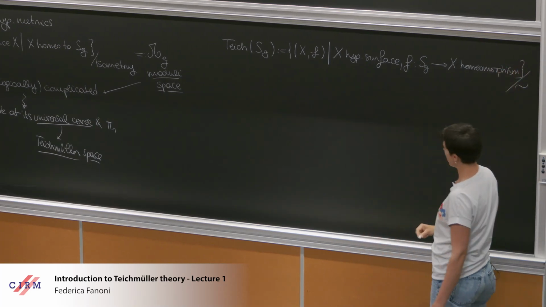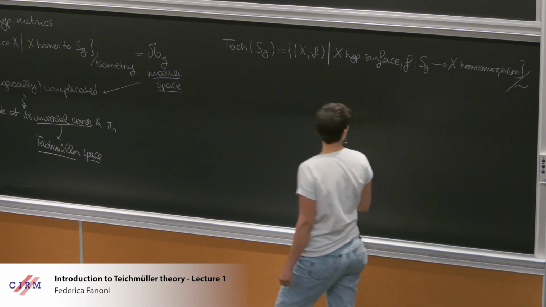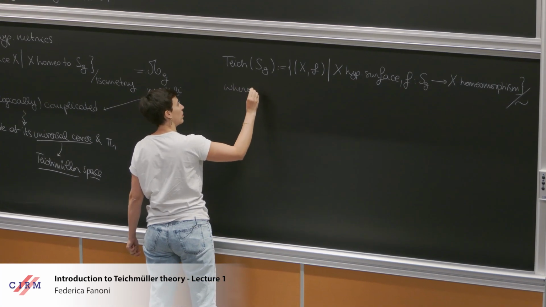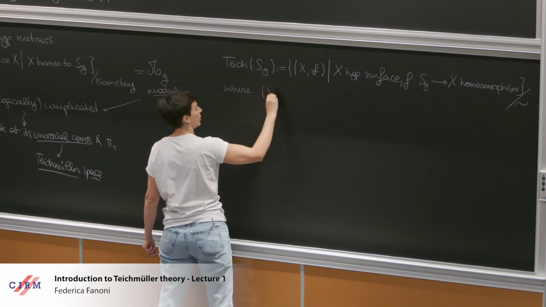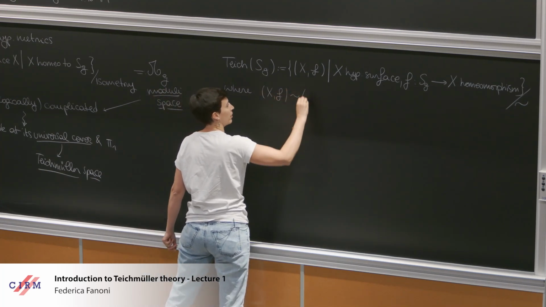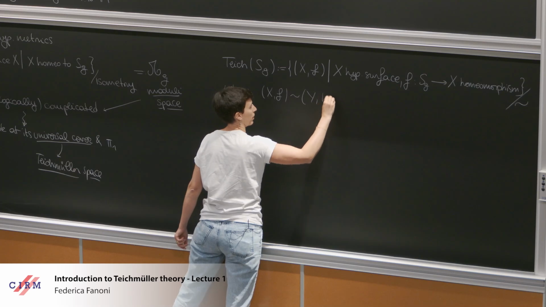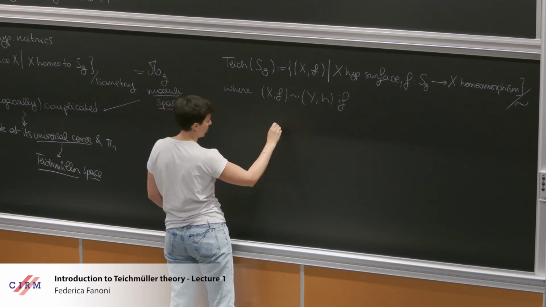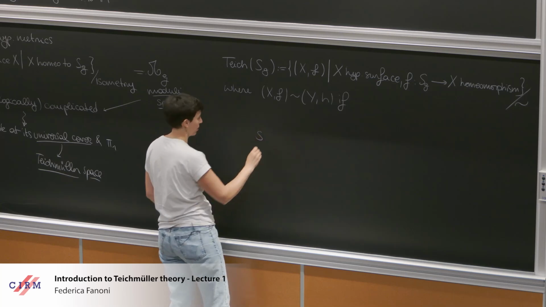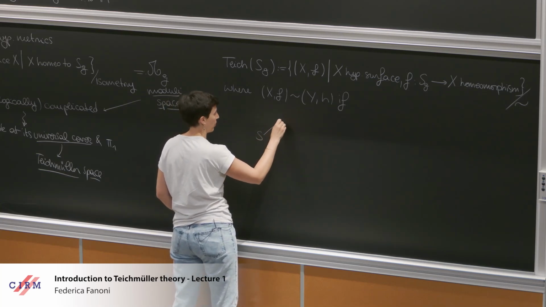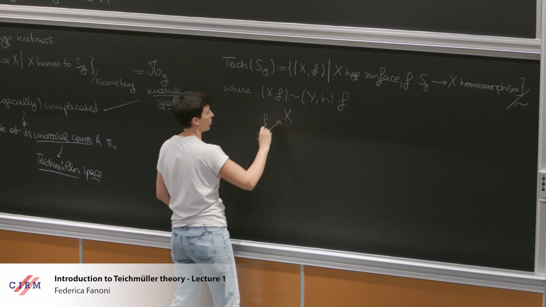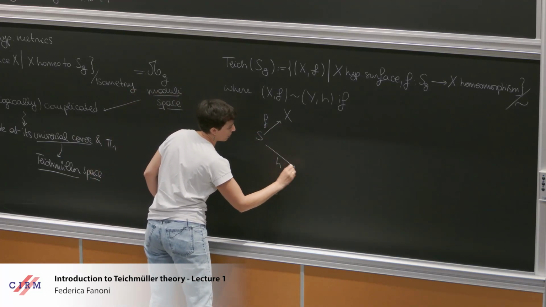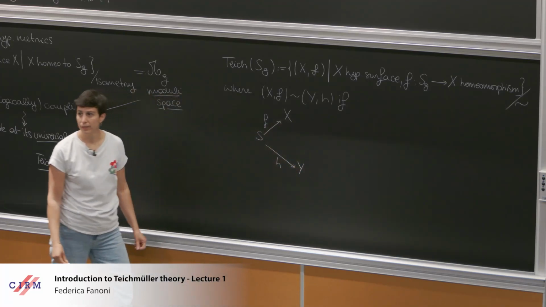And then I have an equivalence relation, which is as follows. (X, f) is the same as (Y, h) if, so what do I have here? I have my surface S, let me drop the G. I have one map to X and one map to Y.